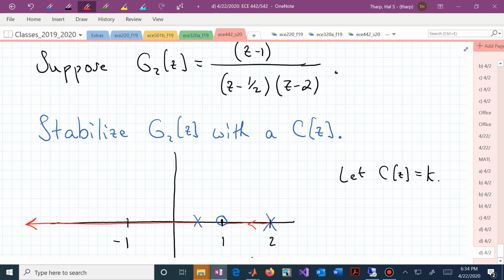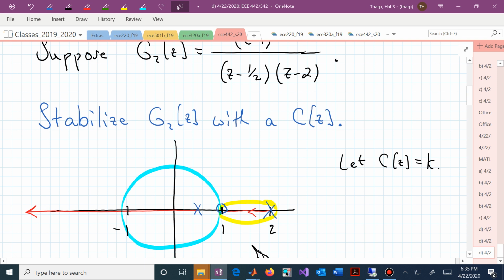And now what happens? As we increase the gain k from 0 to infinity, we are always stuck between z equal 2 and z equal 1. That's outside the unit circle. And so we never get inside the unit circle.